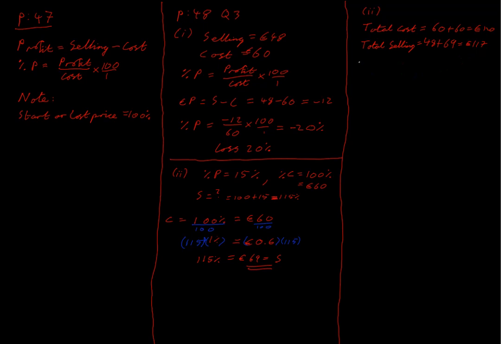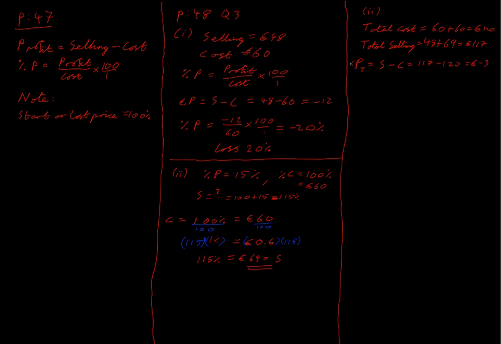So to work out our total profit, T for total, is going to be our selling price minus our cost price. Is 117 minus 120. So we lost €3.